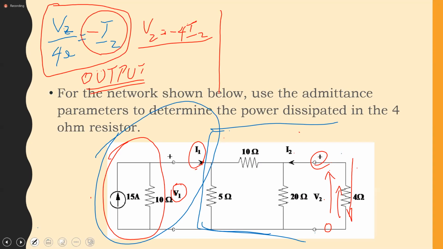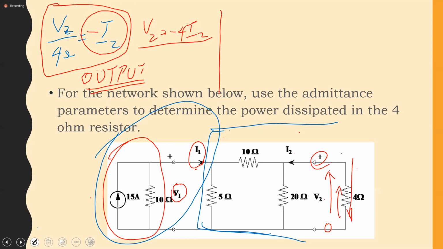Now, what is V1? V1 is a voltage. And you said V1 is equal to 15 minus something. What is the 15?